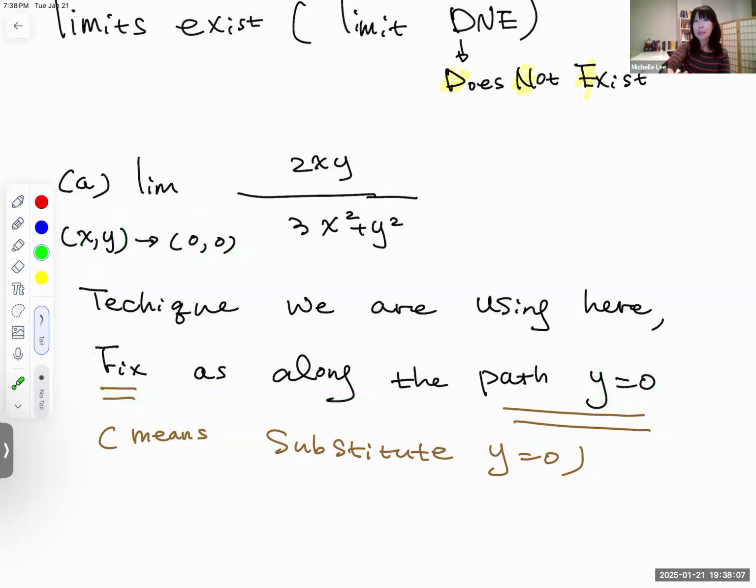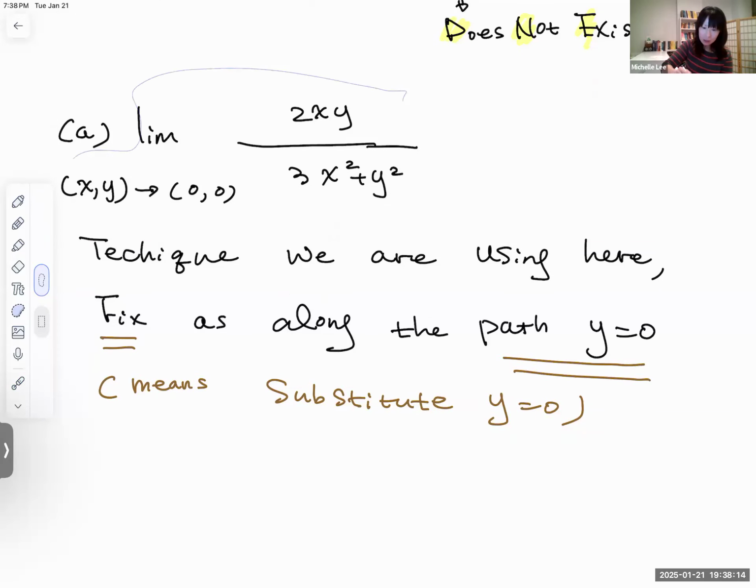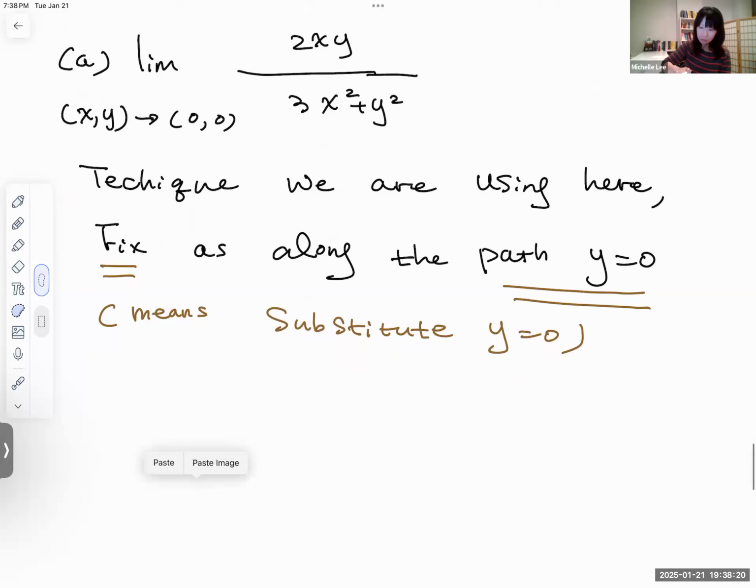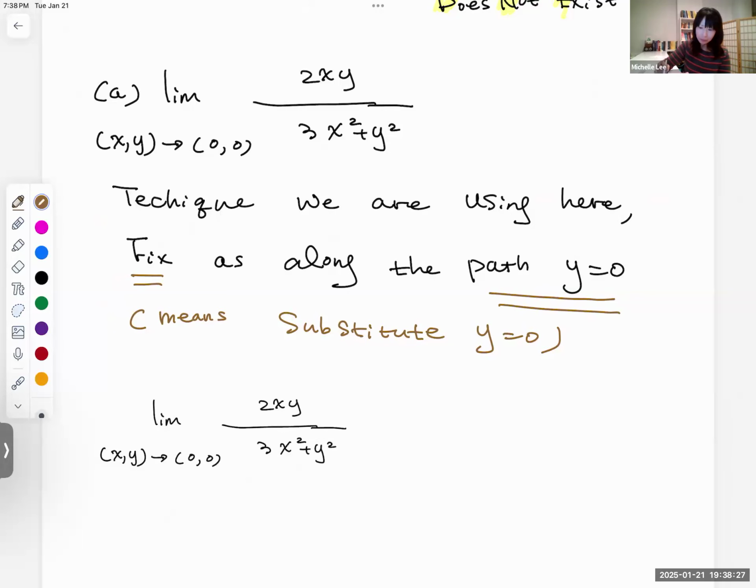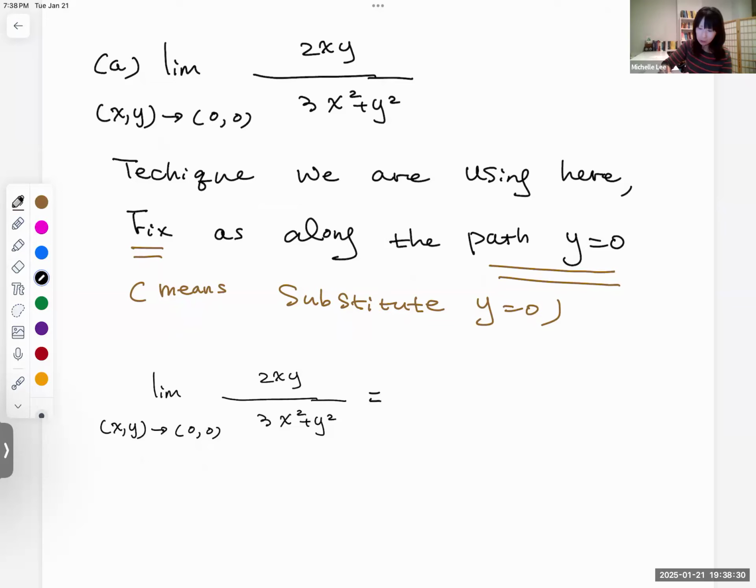Let me show you this. So the limit, let me just copy, and then equals the limit as x, y approaches 0, 0 of 2x times 0, fixing y equal to 0, over 3x squared plus 0.